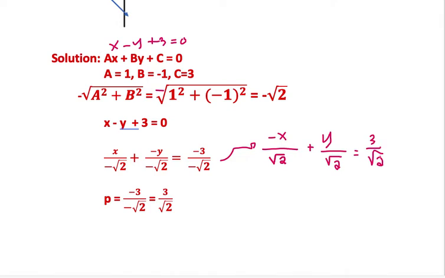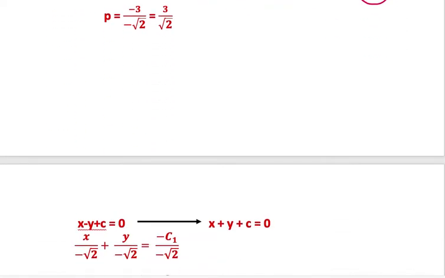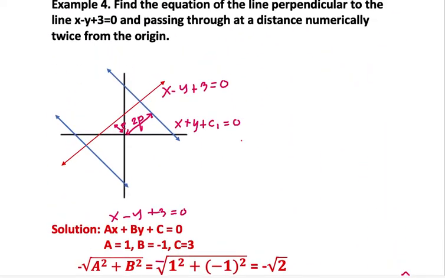Okay? 3 over square root of 2, that will be our p. However, take note that our missing equation here is twice of p. Twice of p, it should be.